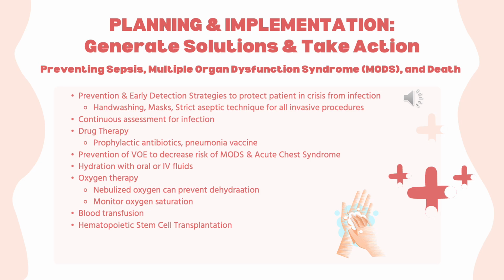So by preventing heart and lung damage, by promoting perfusion and oxygenation, we can prevent things like this from happening. And this is an absolute priority. Adequate hydration with oral or IV fluids can help decrease the risk of cell sickling, and it can also promote perfusion. Patients in a crisis require an intake of at least 200 milliliters per hour of fluids.